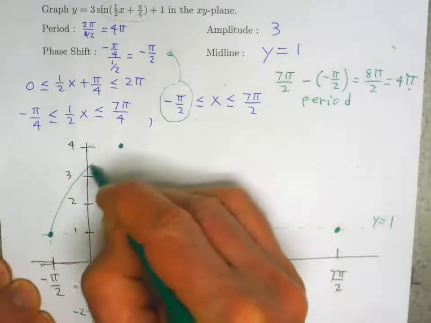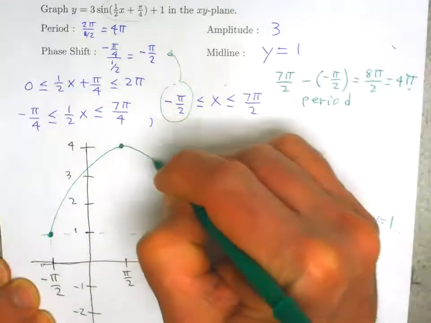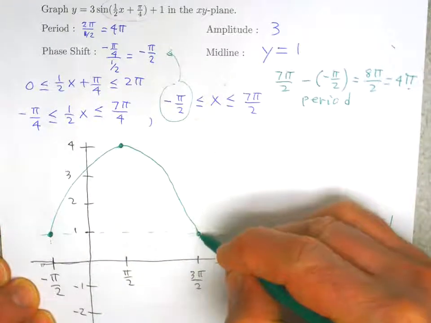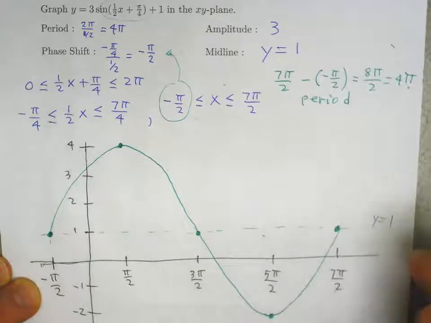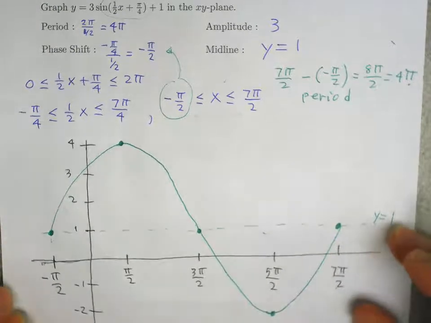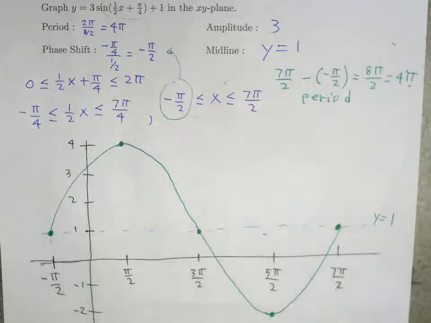So we get this graph. Okay, so all the sine curves look alike. They just have different amplitudes, different phase shifts, different periods.